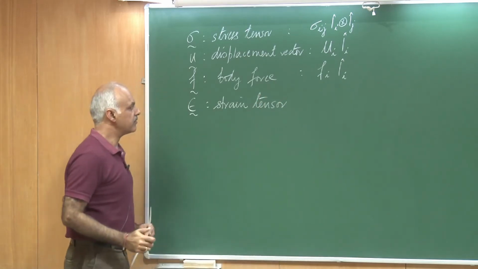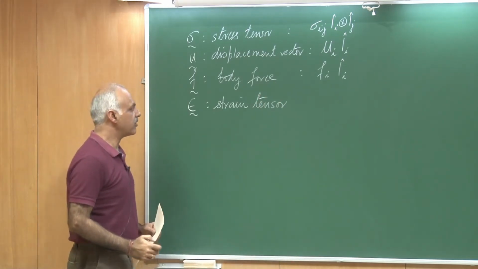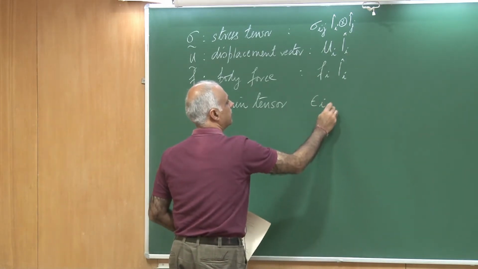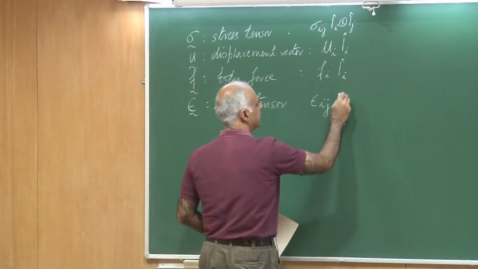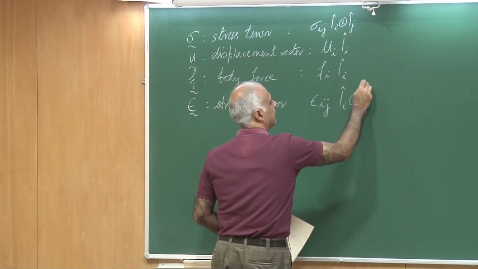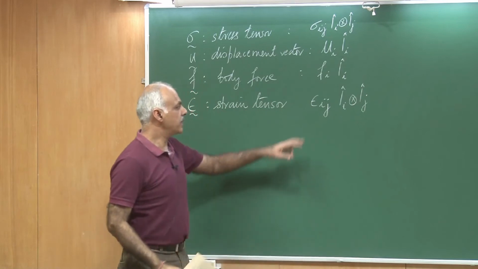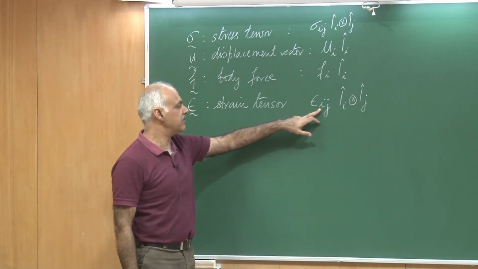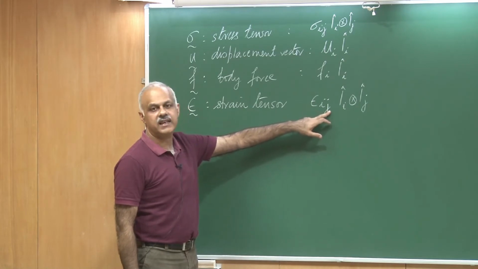This is again we are going to think of it as a second order tensor. So, just like the stress, it would have these components E_ij and the two indices, one of them refers to the face on which it is being defined and the other one the direction.